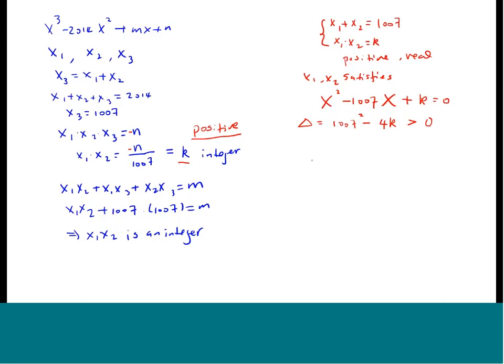Okay, so basically k is an integer, and k is less than 1007 squared over 4. So k can be equal to 1, can be equal to 2, up to 1007 squared minus 1 divided by 4.